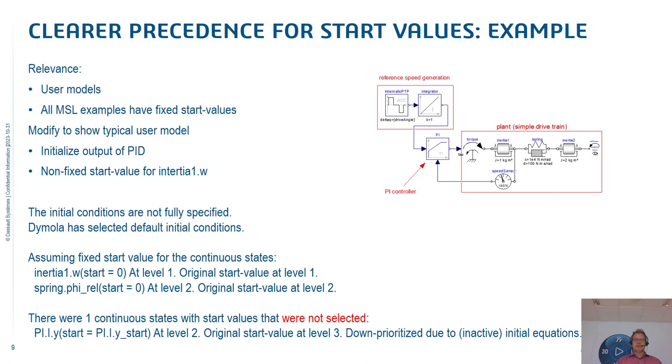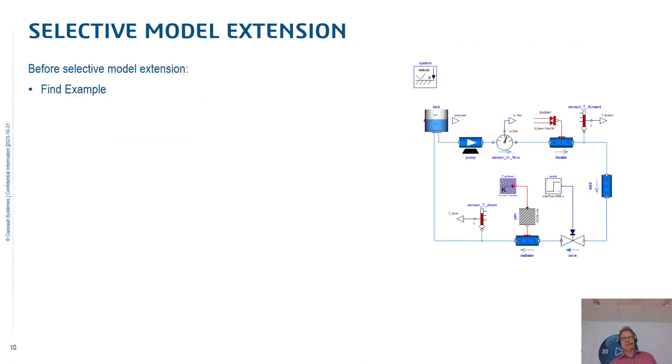So now we have clear precedence for start values, and now we go on to selective model extension. This is something completely different, and the idea here is we wanted to improve how you build models. And the previous idea here, if you take this model and want to improve it a bit, you consider here that you wanted to add a new radiator in addition to the existing one.